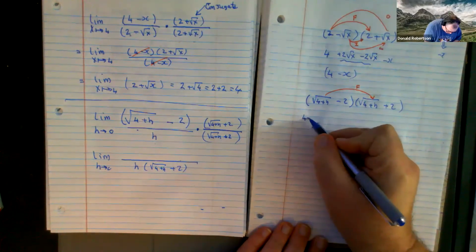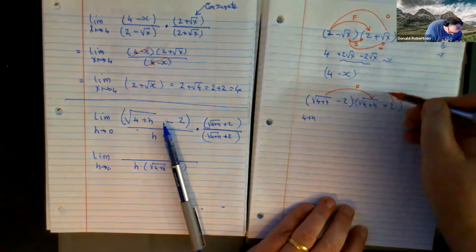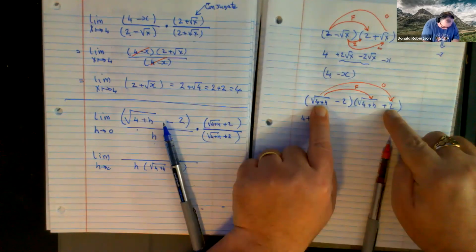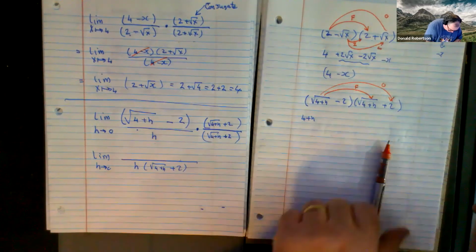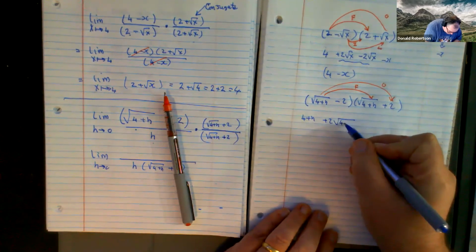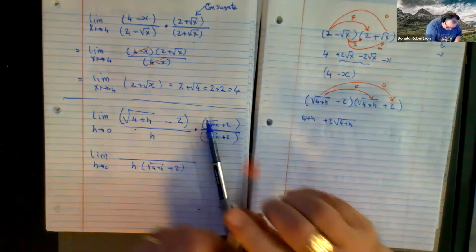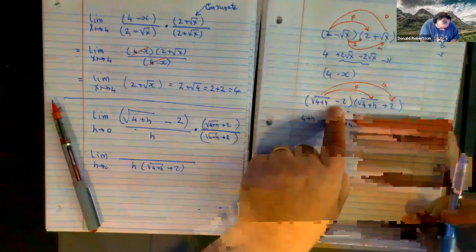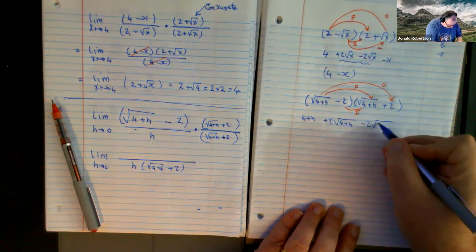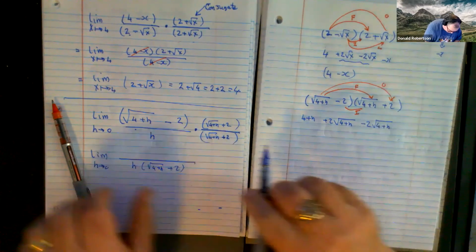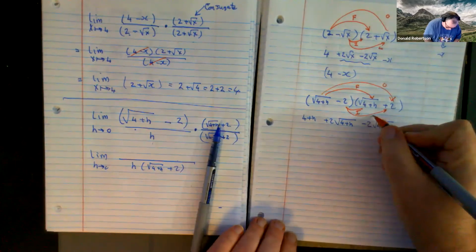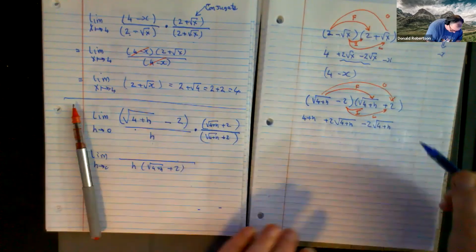Then if I do the outside, the square root multiplied by a plus 2 just gets me 2 square roots. If I do the inside, a negative 2 times a square root just gets me negative 2 square roots. And if I do the last one, a negative 2 times a positive 2 gets me negative 4.